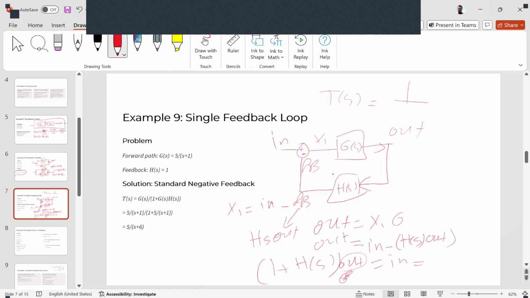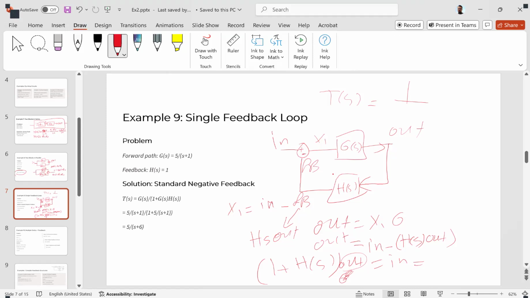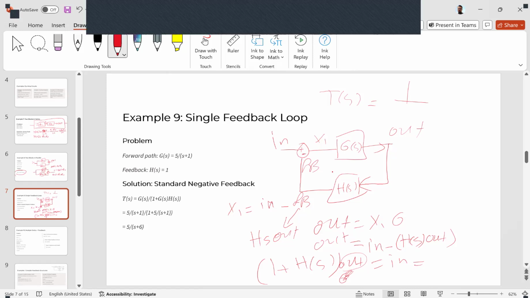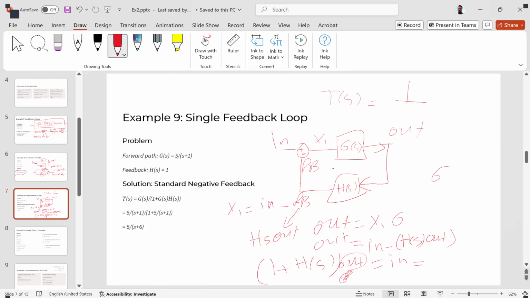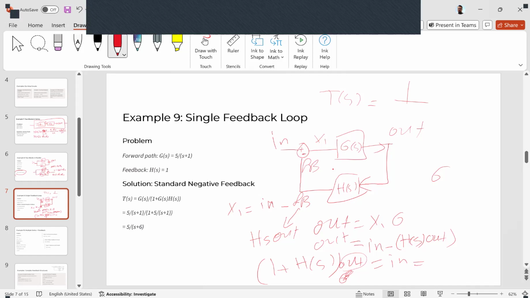X1 is input minus FB. FB is H times output. Output is G X1. Here, G, I forgot this G. Okay, now it's working. Sorry, I forgot to put this G here.